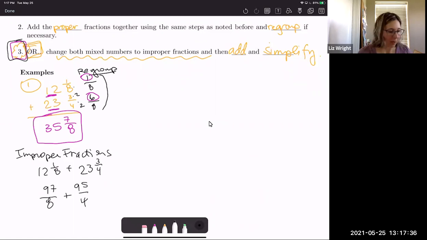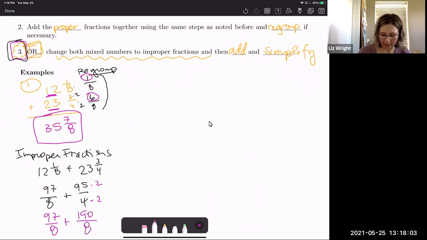over 4. But then you've got to get a common denominator. So we're going to multiply this by 2 and this by 2. So then we end up getting, what should that be? Okay, so we've got 97 over 8 plus 90, 90 is 180, 190, so that should be 190 over 8.